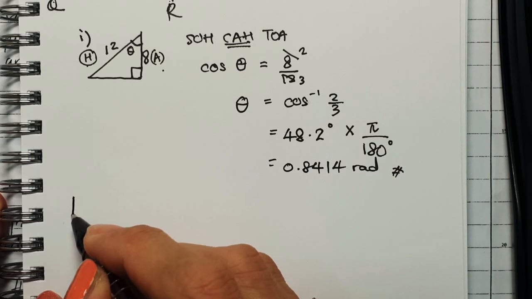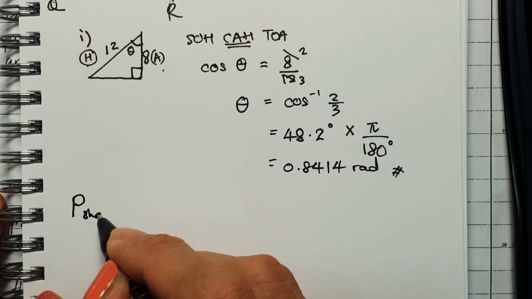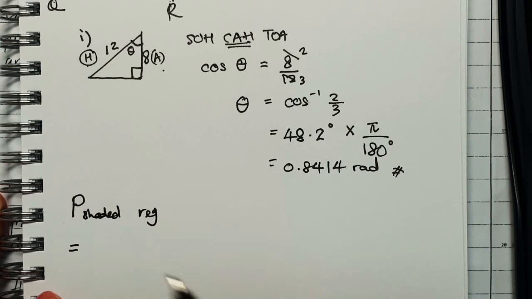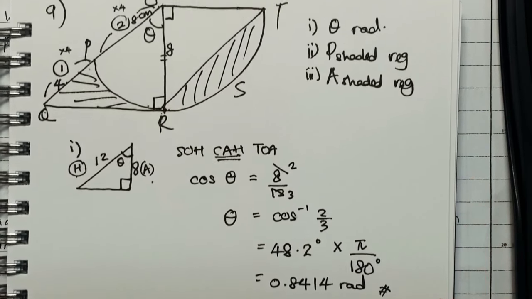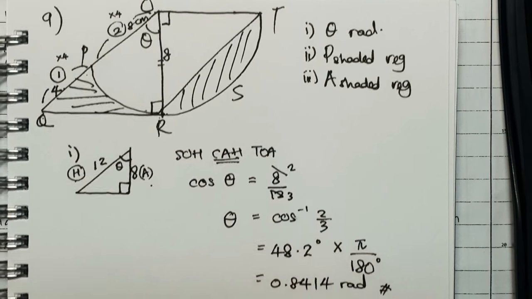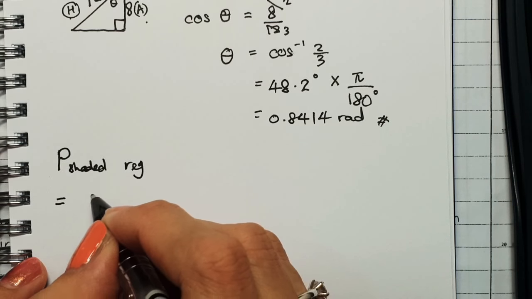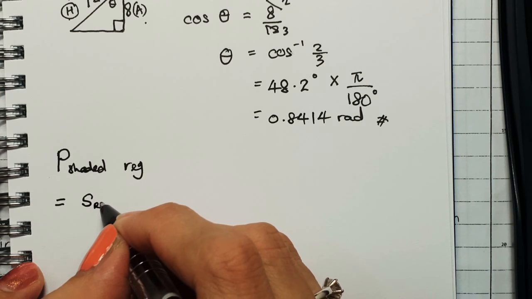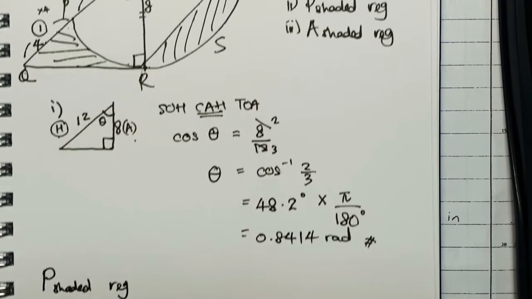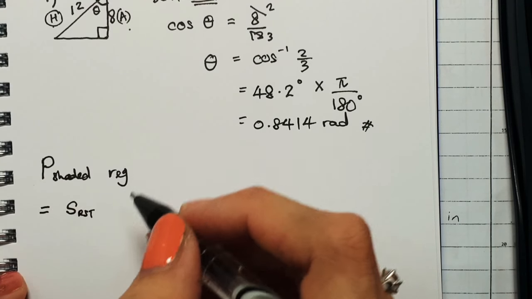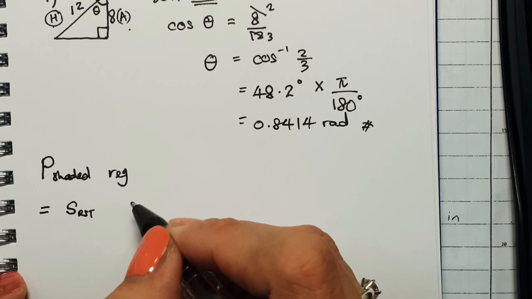Perimeter of the shaded region equals the arc RST. So write arc RST, with the arc symbol, and also RT. So plus RT.